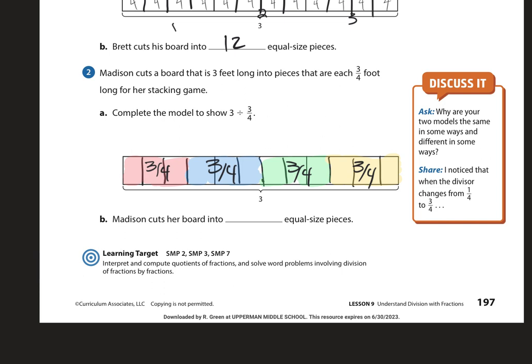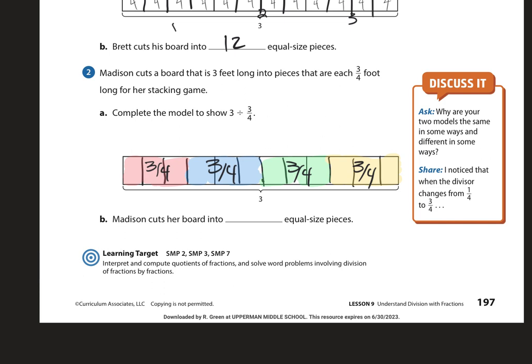All right, guys. As you can see now, I divided the 3 boards or the 3 sections that was on your page, I divided them first into fourths. There should be 4 fourths in each of the boards. Once I got that divided up, then what I did was I took my highlighter and I colored 3 of the 1/4 pieces.